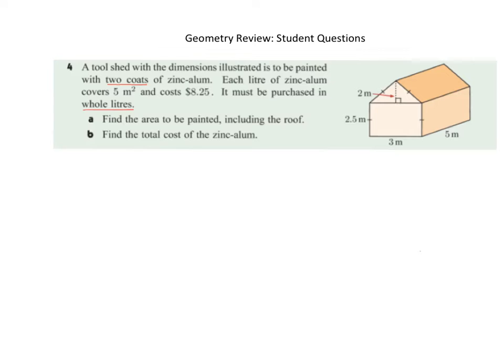So what I did was I started by finding the surface area of the base. So that's going to be 2.5 times 3, and that is going to be multiplied by 2. Because, of course, you've got this front facing rectangle, and then you've got the back side. All right.